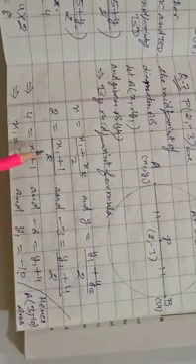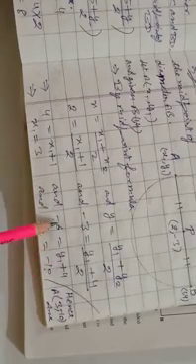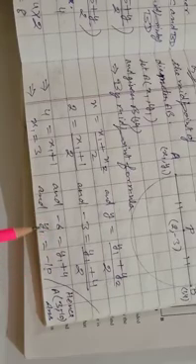Now cross multiply on both sides: 4 equals x1 plus 1 and -6 equals y1 plus 4. Now x1 is equal to 4 minus 1, that is 3. And y1 is equal to -6 minus 4, minus 10.